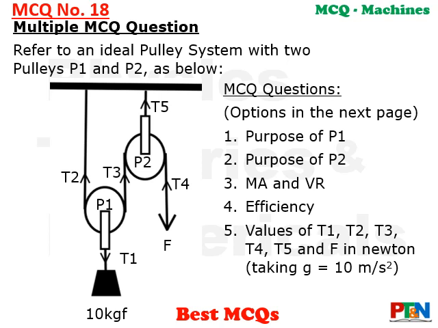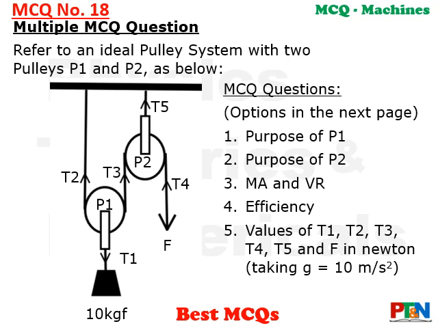So there is a situation given here in this MCQ. This is a combination of a single movable pulley with a single fixed pulley. There can be 5 questions or maybe even more on this situation. What are the questions? There are 2 pulleys, P1 and P2.